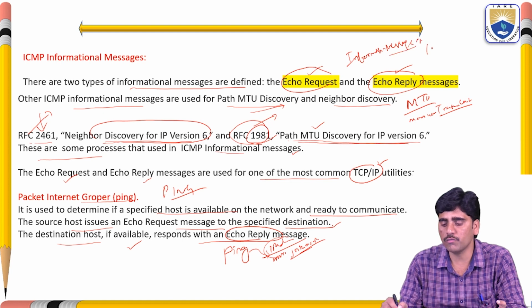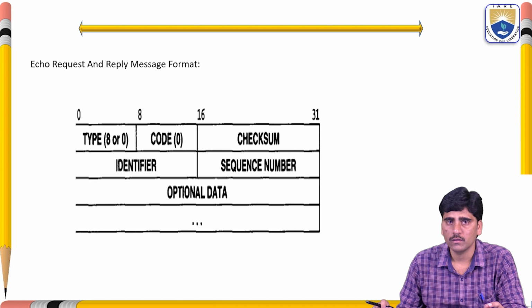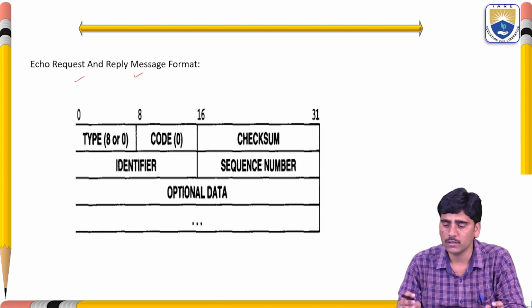All the things going on through the network are to be informed with the help of this ICMP protocol. Now, the echo request and reply message format. Generally the ICMP packet contains some header fields.